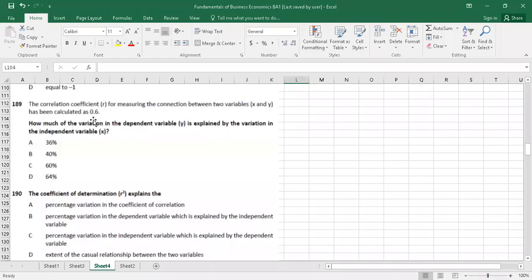See, the question has already provided the calculated value of R. So it is question 189, and we have R equal to 0.6. The question is asking us how much of the variation in the dependent variable Y is explained by the variations in the independent variable X. So now we need to find out the coefficient of determination.